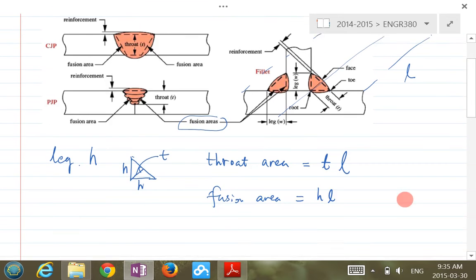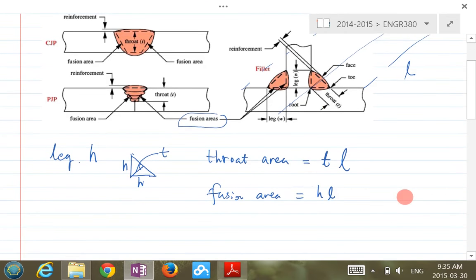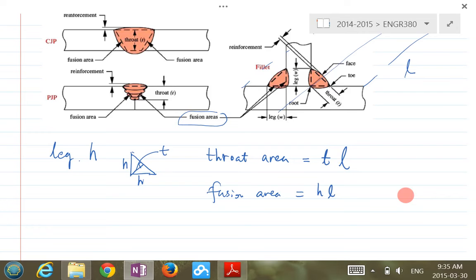Talking about the design analysis of welded joints, we're back to our general practice. We need to figure out how much stress exists at these welded joints, and also how we determine the strengths of these welded joints.